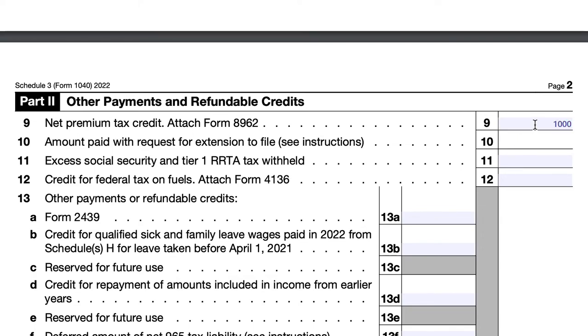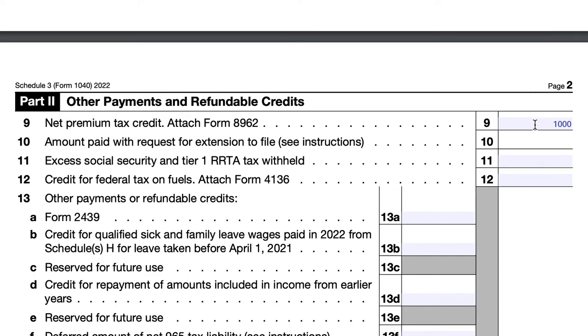Now, if you filed a tax extension from April to October for most taxpayers, then the IRS expects that you pay your anticipated tax liability with your extension to file. So the file extension is simply to give you enough time to file your tax return, but your taxes owed are still owed as of the original filing date.